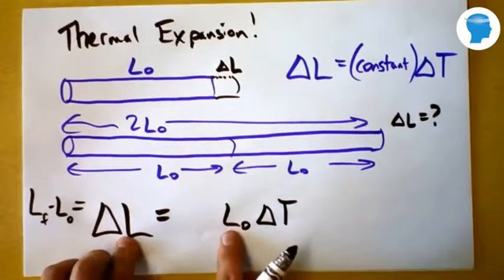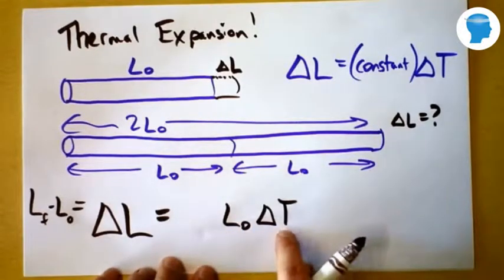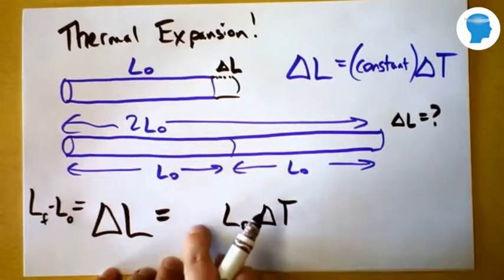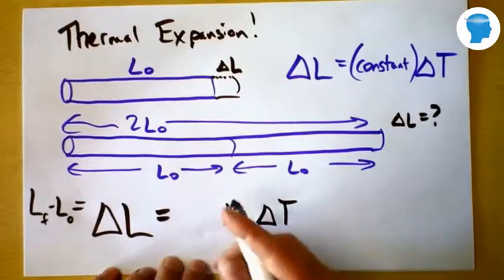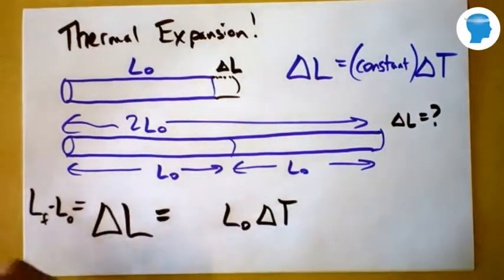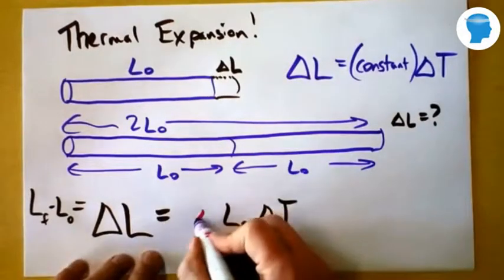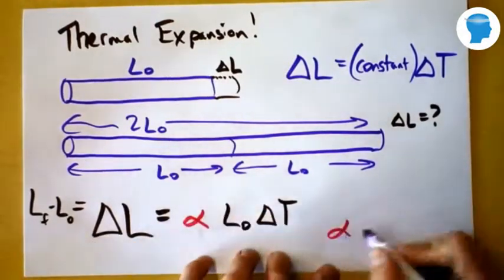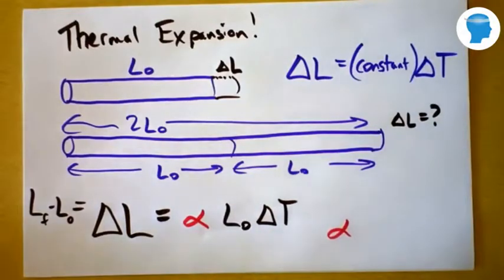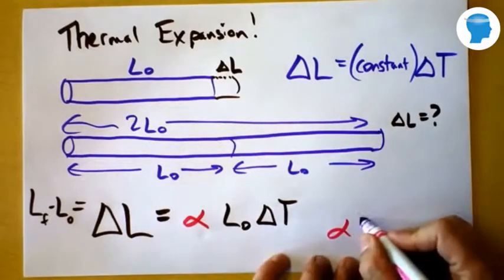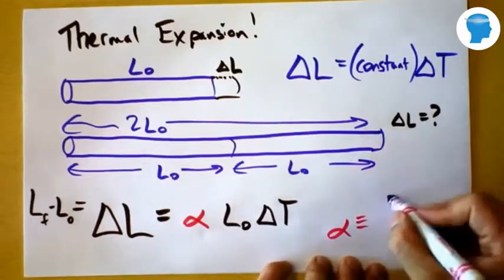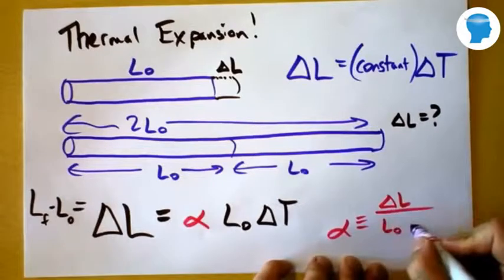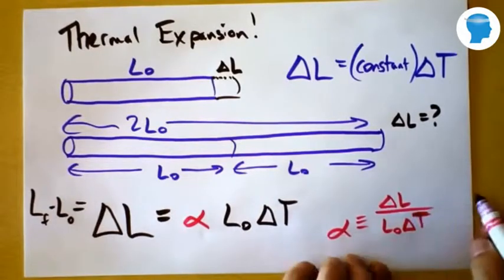This is supposed to be length, this is original length, this is temperature, so that's going to be in Kelvin, and this other thing must be in some weird units of like inverse Kelvin. I'm going to just call it a constant, and I'll call it alpha. Alpha is called the coefficient of linear expansion, and we could just define alpha to be delta L over L0 times delta T, and look at the units of it.